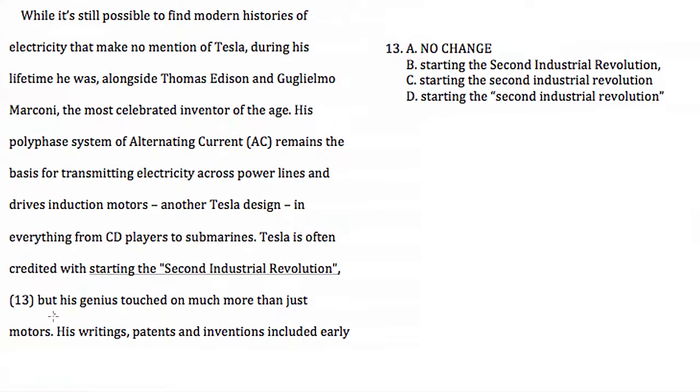Question 13 on this worksheet comes well into the next paragraph, and it asks about this phrase right here, starting the Second Industrial Revolution. We can replace this with a phrase that has no quotation marks. We can also take off the quotation marks and uncapitalize Second Industrial Revolution.